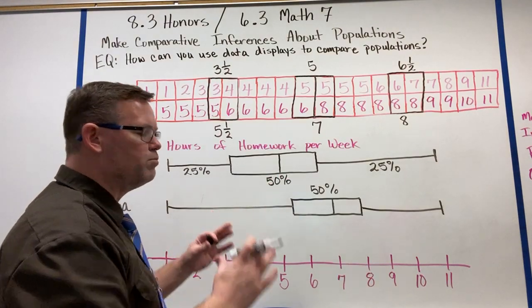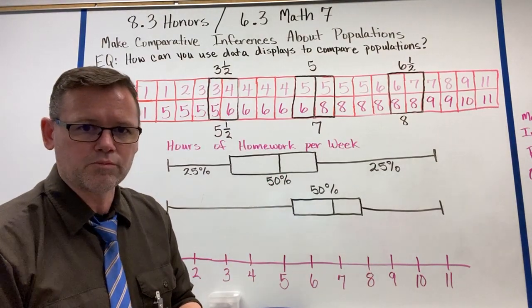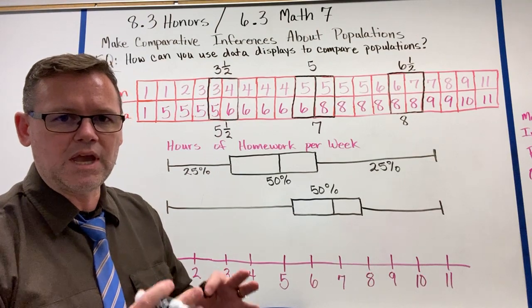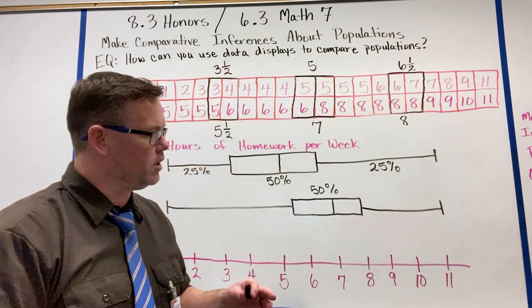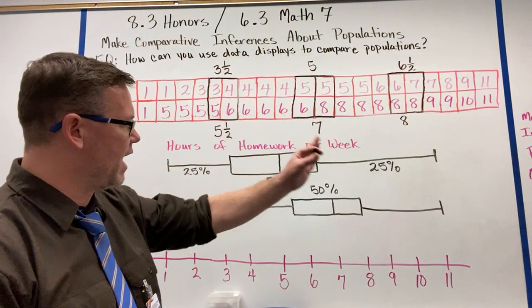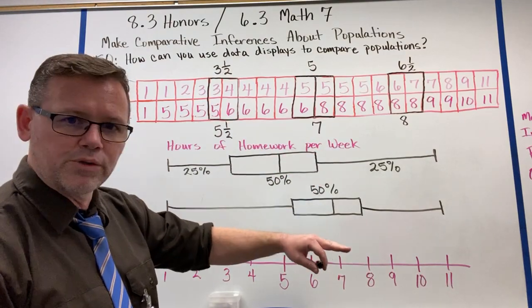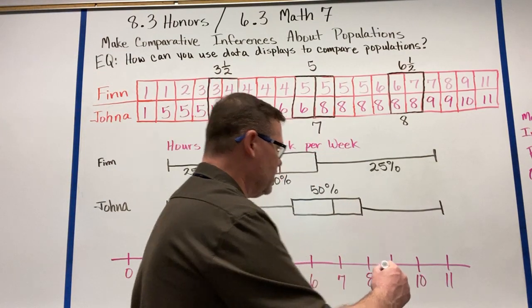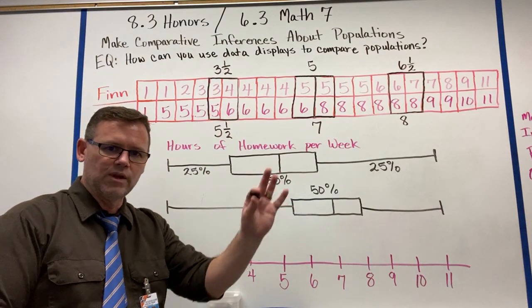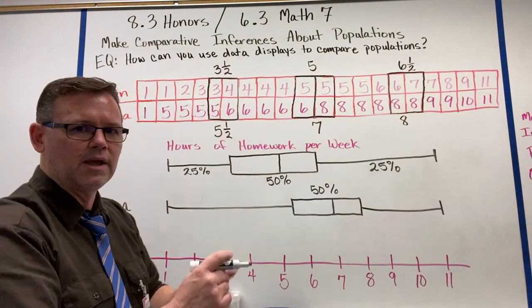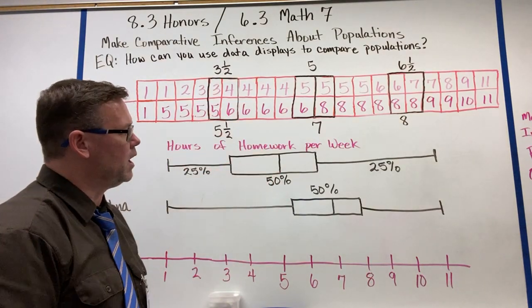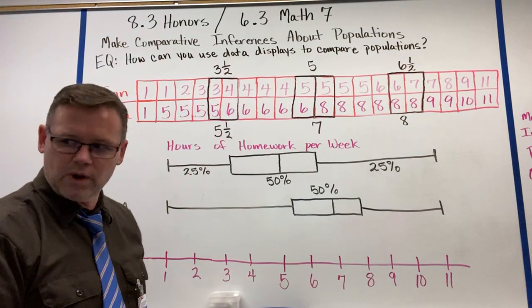The range on both of these is the same, which helps our data be more accurate. That means the range for both is 10. We take 11 minus 1, the range is 10. Ten hours is the range.